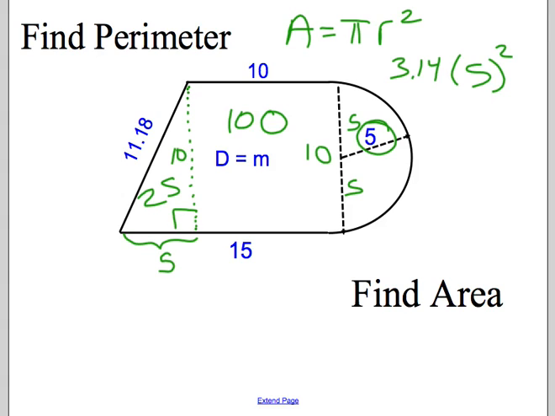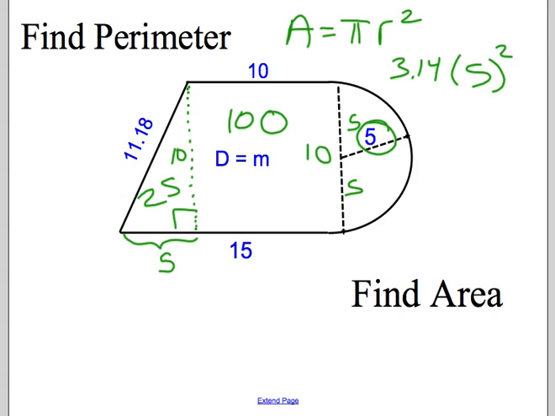What's wrong with that? Why do we have to do the 5 squared first? Because of our order of operations, you have exponents. You have to perform this exponent to this base first before you multiply.